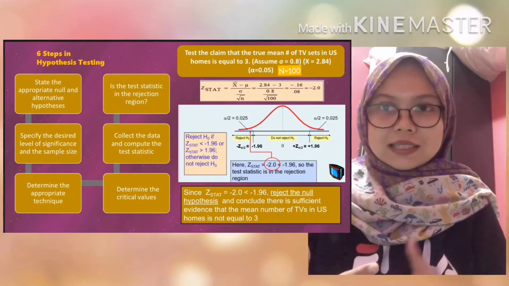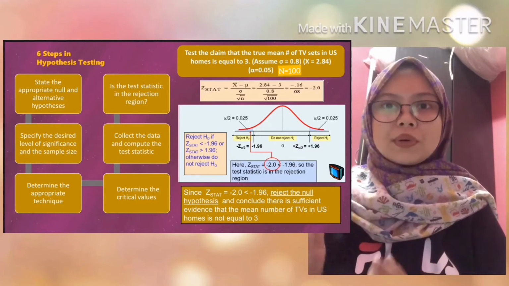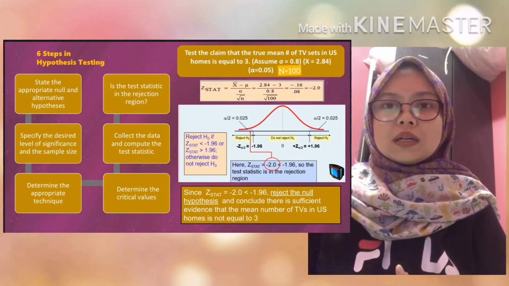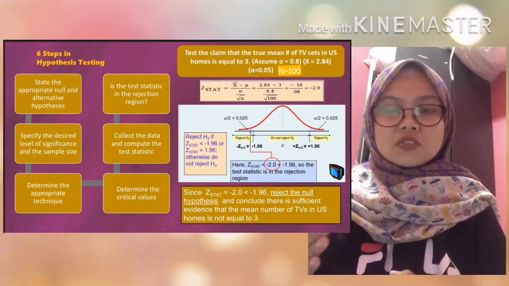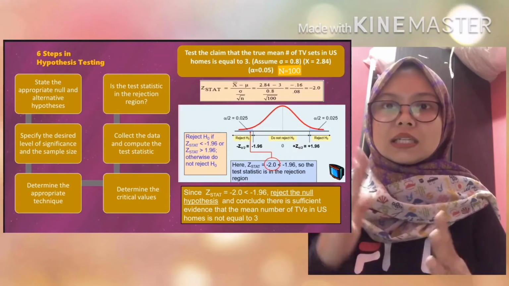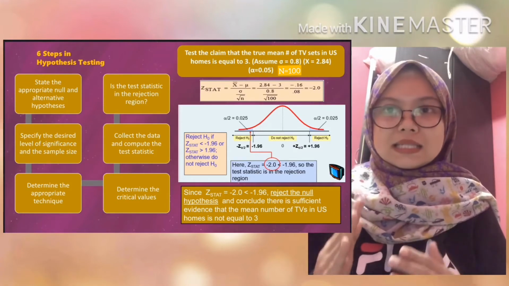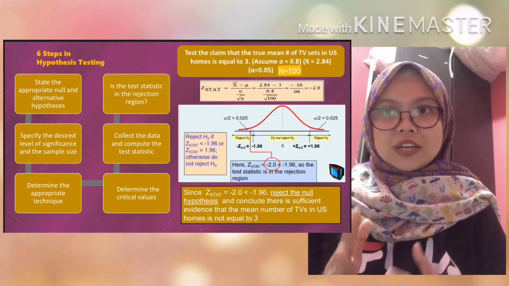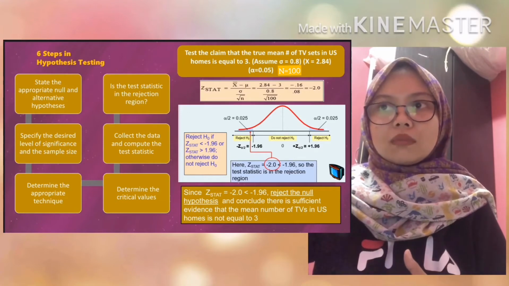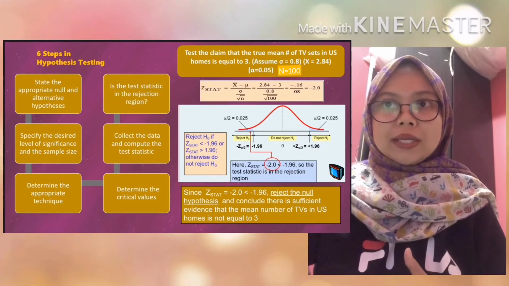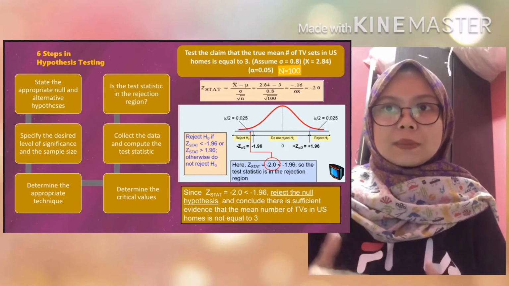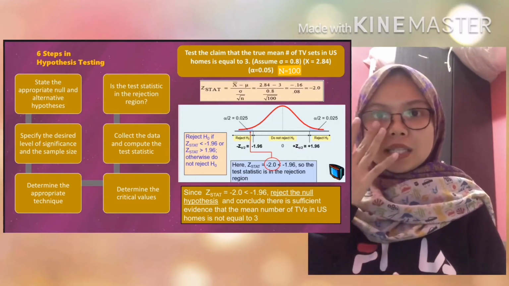And the third step is to determine the appropriate technique. We use the z-test formula, because we already know the standard deviation, which is assumed as 0.8. And the fourth step is to determine the critical value.